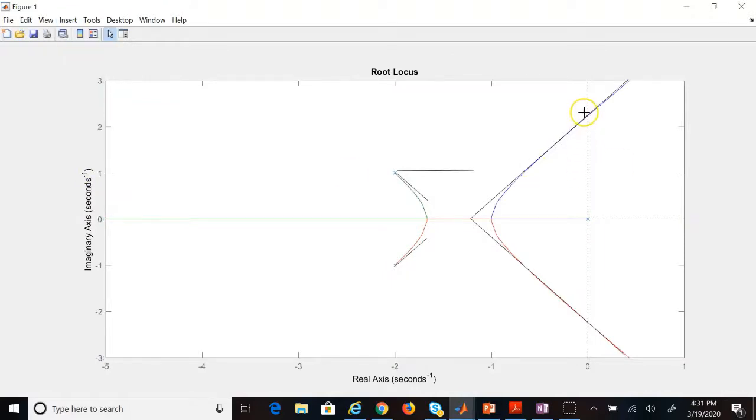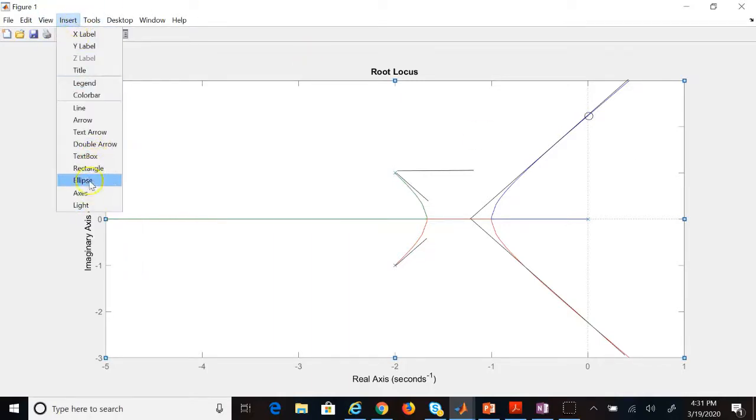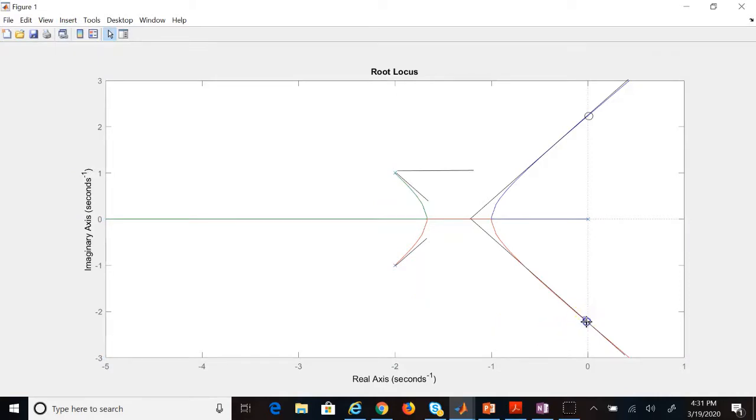Yes. I'm looking at these points. One here, right? And the other one is here. So at which points does the root locus hit the imaginary axis? Find these locations for me.